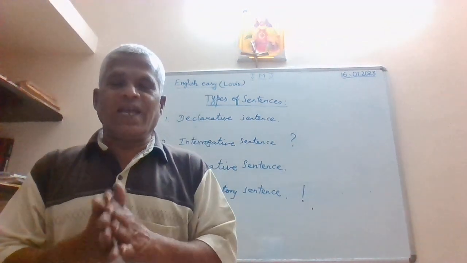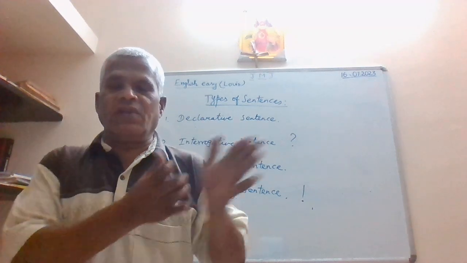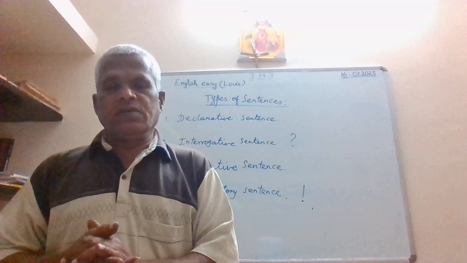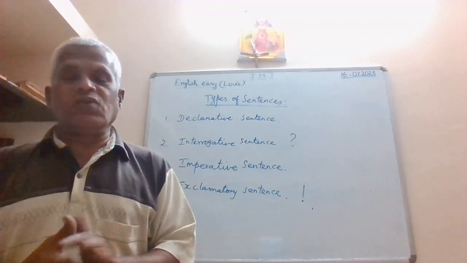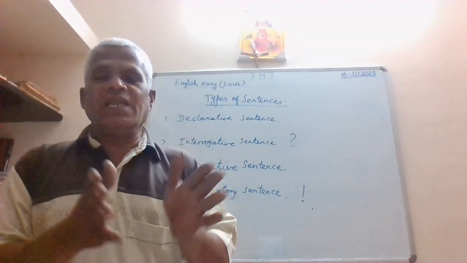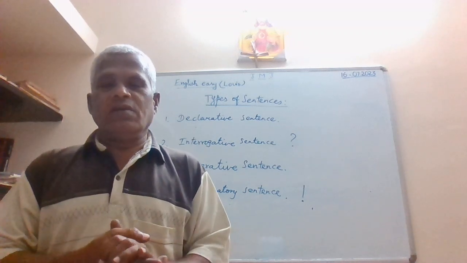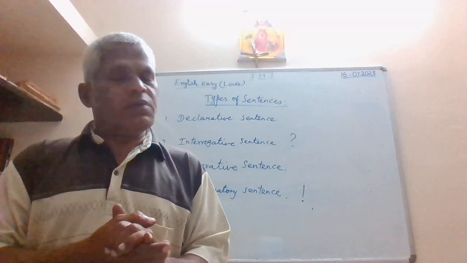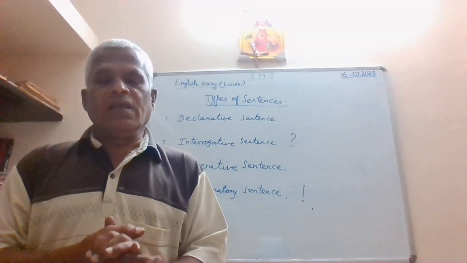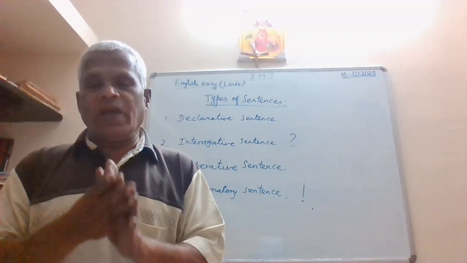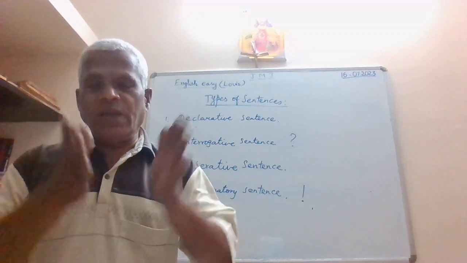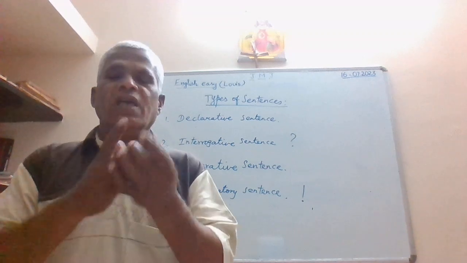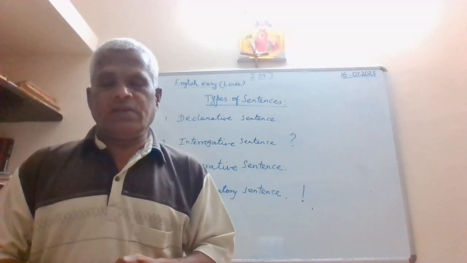Now all these sentences can be changed from direct to indirect. So in this video, as I told you at the beginning, before we enter into understanding direct and reported speech, let us be clear in our mind that there are 4 types of sentences in English: declarative, interrogative, imperative and exclamatory.